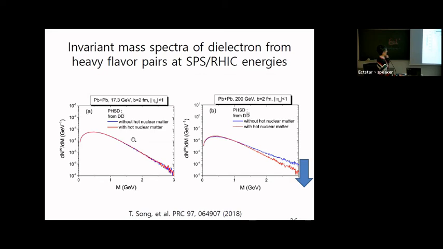At SPS energy, there is not so big a difference between the blue line and the red line. But at RHIC energy, we can see considerable suppression of the invariant mass spectrum of dielectrons at large invariant mass.